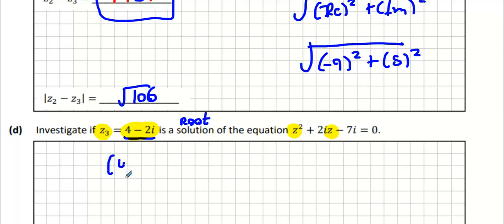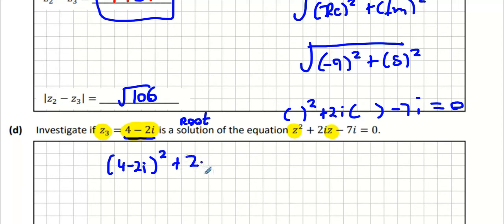We're going to do 4 minus 2i. Now that's replacing, so that'd be something squared plus 2i times something, take away 7i. So that's your 4 minus 2i squared. Then you have your 2i times z. Then you have your minus 7i. Okay.